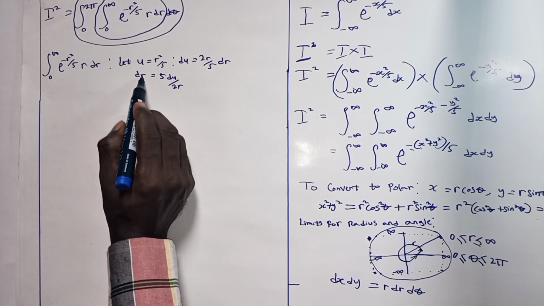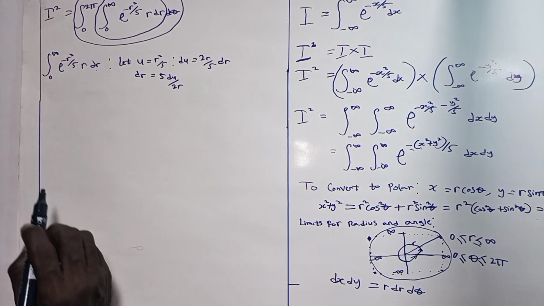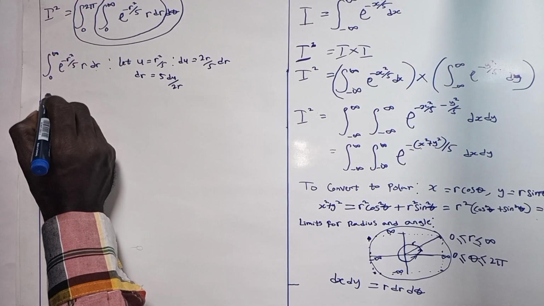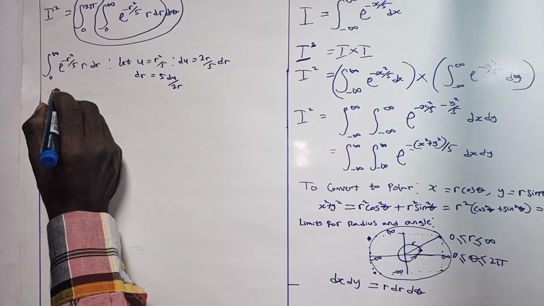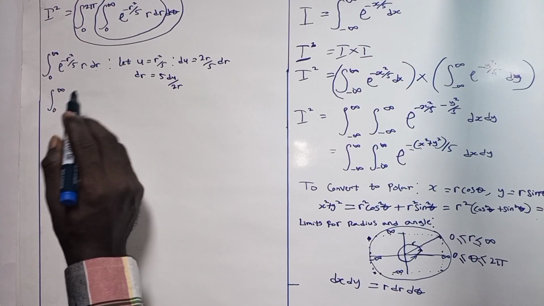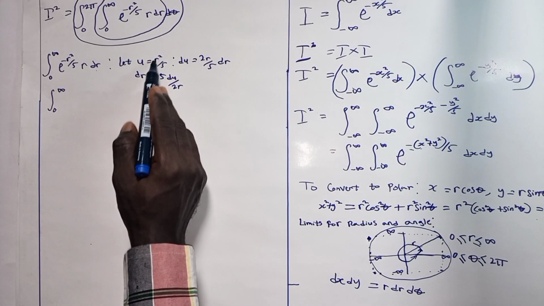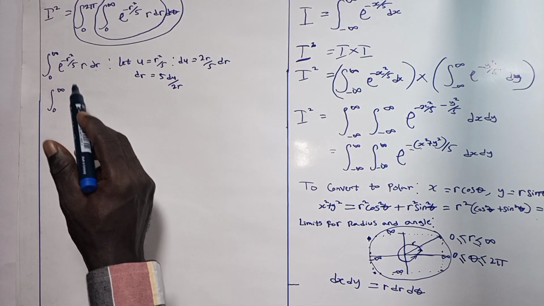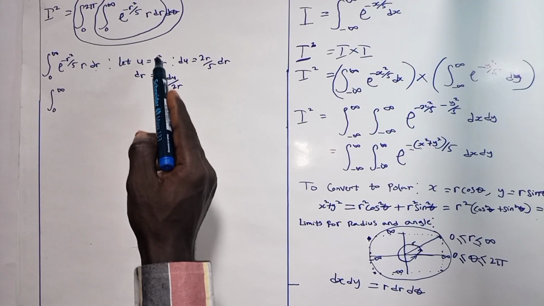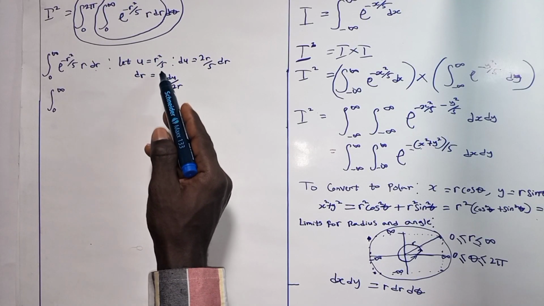Now let's substitute this dr into this. So we have 0 to infinity. Our limit will remain the same because when you insert 0 into r, 0 square over 5 is 0. Then when you insert infinity, infinity square is infinity, and infinity over 5 is infinity.